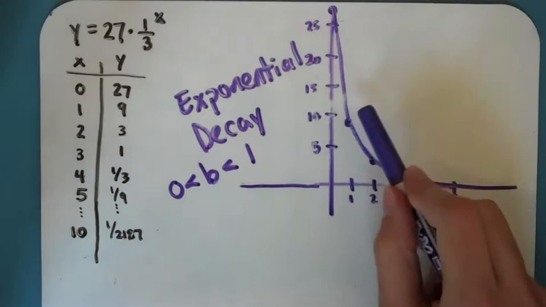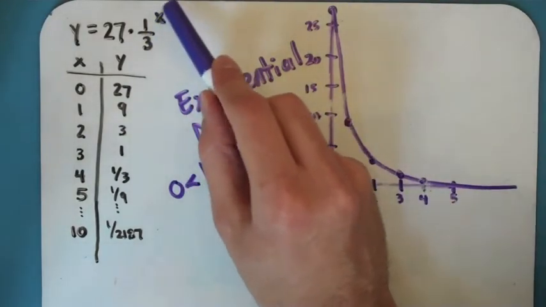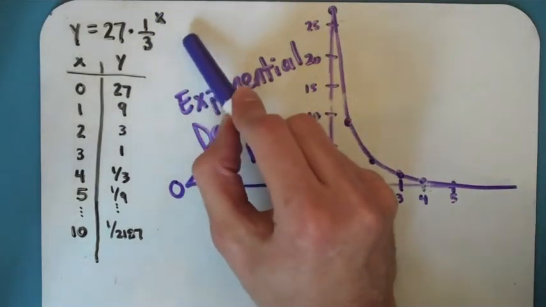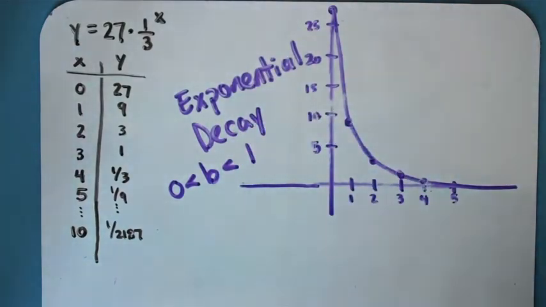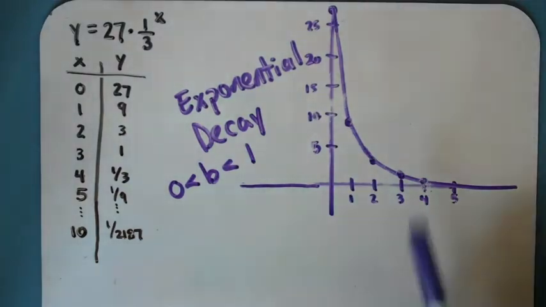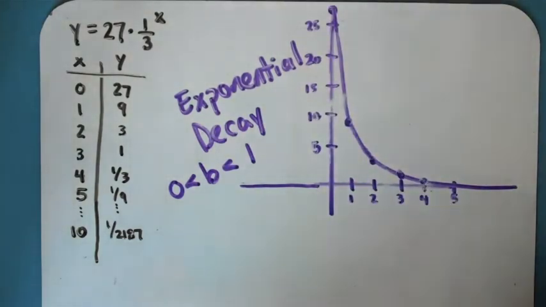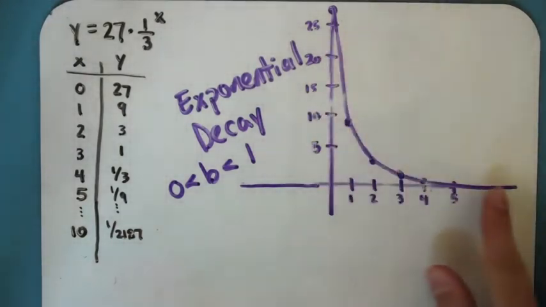Which means when you graph this, when you raise the power, you're going to multiply by 1/3 again, and again, and again. When you multiply by 1/3 repeatedly, your answer is going to get smaller. Notice on both of our graphs, these are just two examples, our graphs are really steep on one end, but they pretty much taper off and level off on the other side.